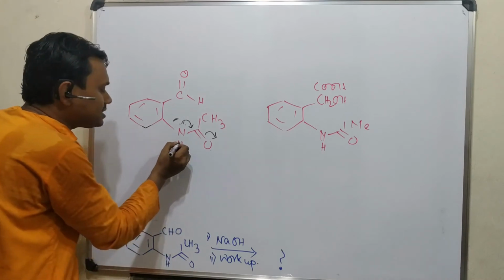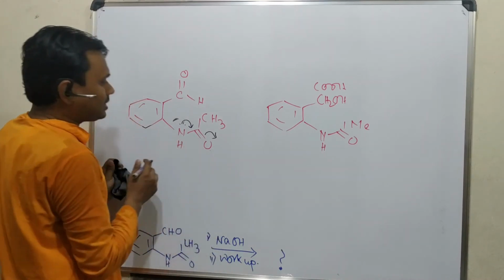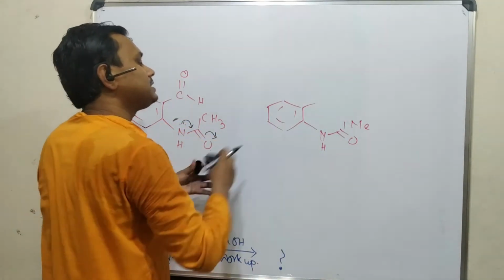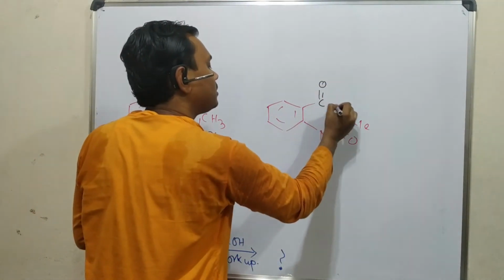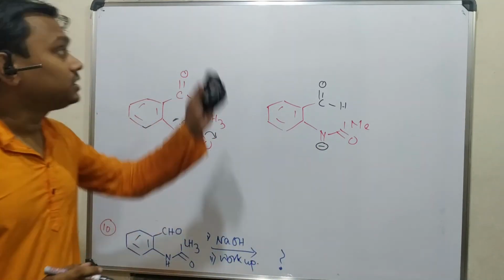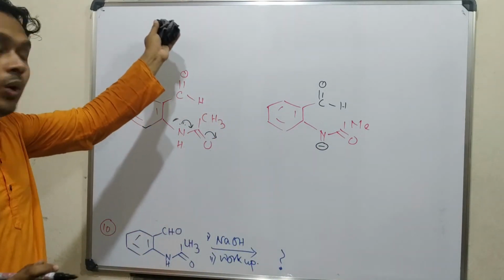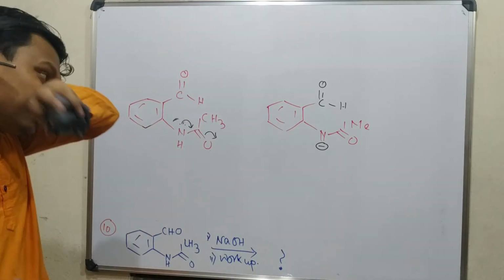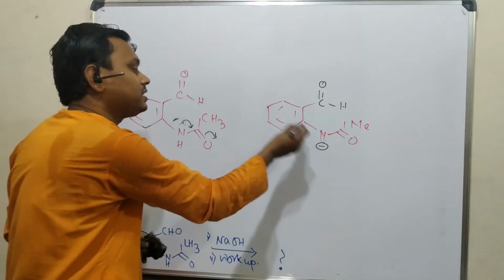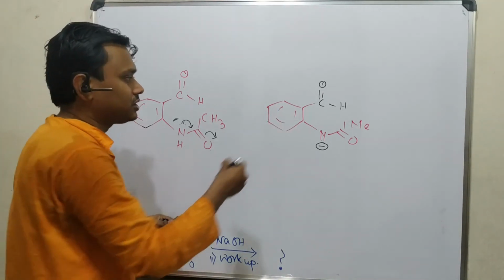Another thing, this could be abstracted by the alkaline condition. If it is abstracted, it will produce a corresponding anion. And we have observed in the first example of pyrrole aldehyde that it does not undergo Cannizzaro reaction because of this negative charge, meaning electron delocalization into this.